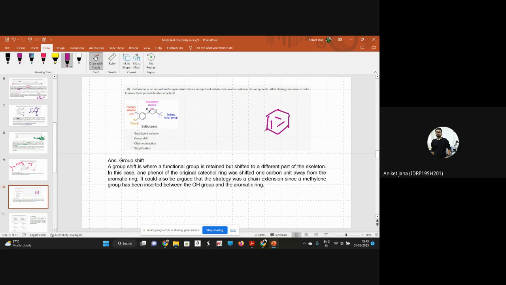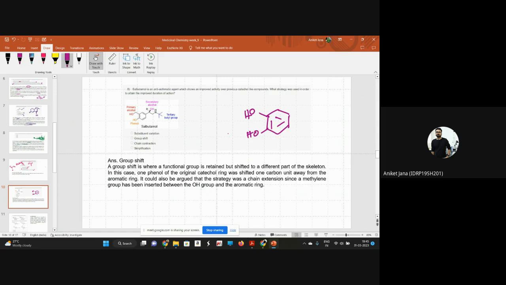The other part may vary, but this is the common part, right? The OH groups are present adjacent to each other.